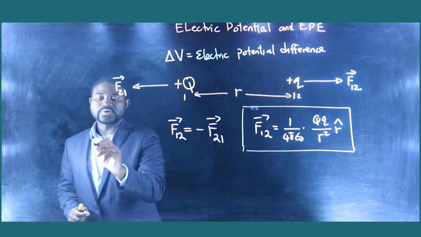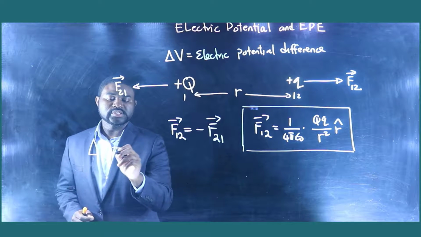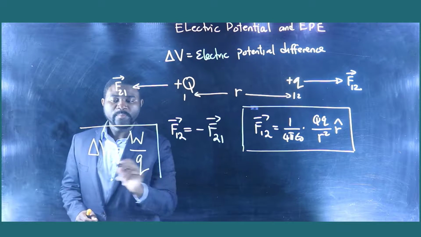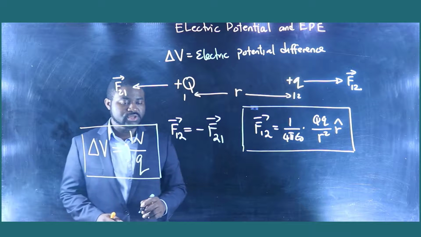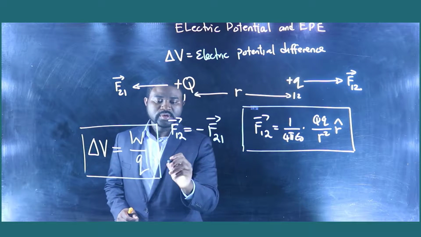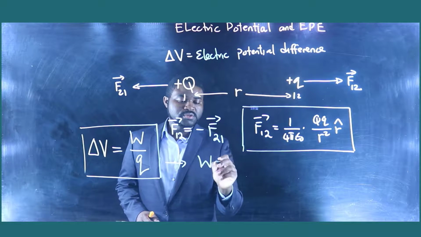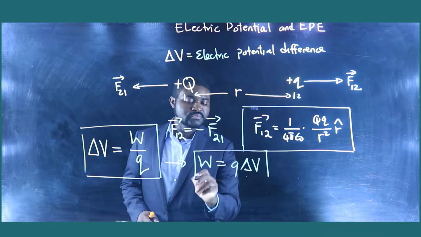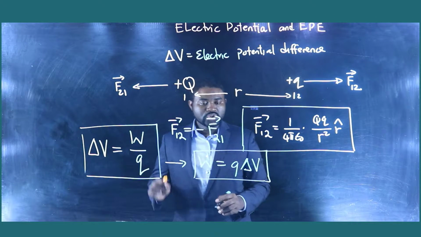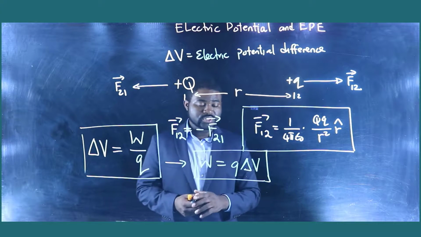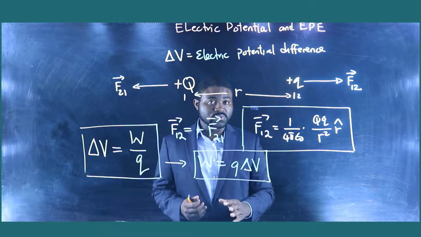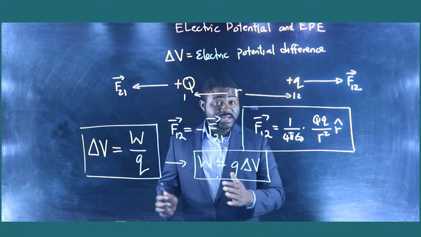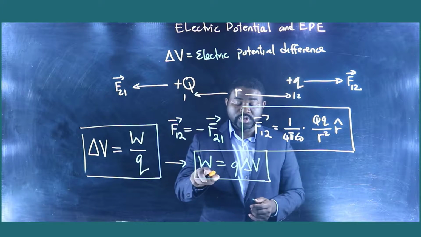So the electric potential difference is just defined as the work done divided by Q. This is the definition of electric potential difference. This means that the work done is equal to Q multiplied by delta V. Another way of putting this, no work can be done in an electric field provided there is a potential difference. In other words, unless a charged particle is moved from one point to another at a different potential, can there be work done in an electric field?